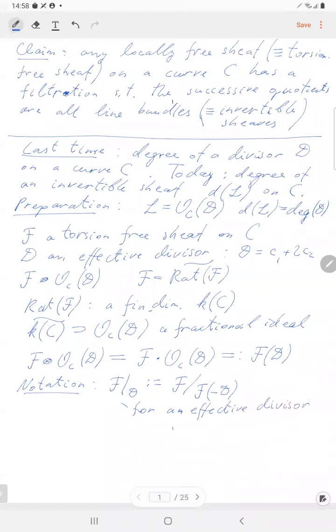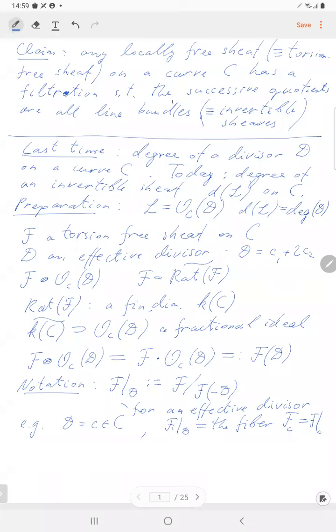So for example, if D is just one point in our curve, then the restriction to this divisor is just the fiber, which is sometimes denoted the same way as the stalk, or sometimes denoted F restricted to this small point c.